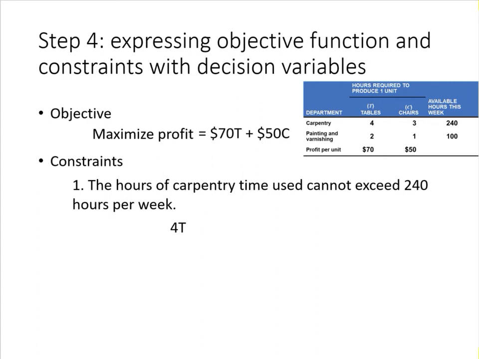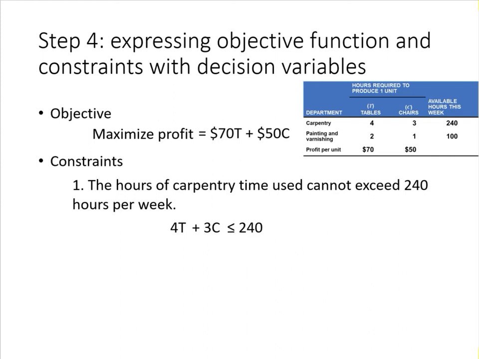Or in other words, 4T here is the total carpentry hours from making tables. Likewise, each chair needs 3 carpentry hours, as the table on the upper right shows. So if our decision is to make C units of chairs, that means we need 3 times C, or 3C, carpentry hours. So here, 4T plus 3C is the total carpentry hours we use for any given number of tables and chairs we choose to make.